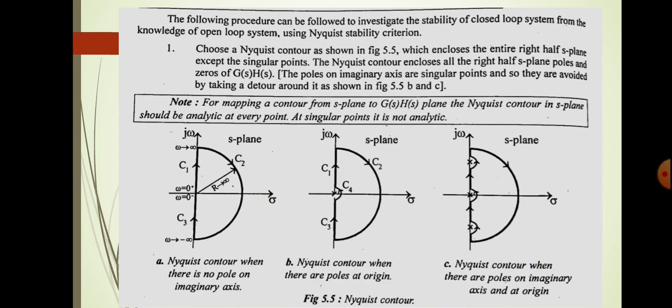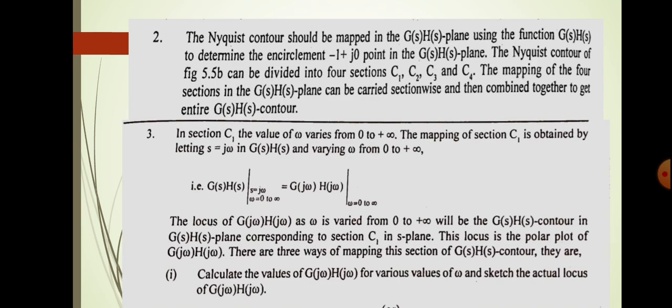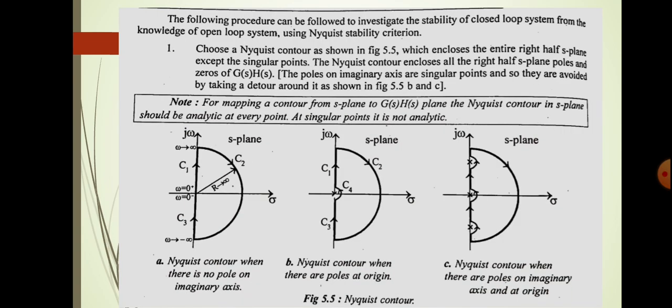Next, the second step is that the Nyquist contour should be mapped in the G(s) H(s) plane. This is in the s plane; actually, it is a Nyquist contour in the s plane. Now we want to map this Nyquist contour in the S plane to a Nyquist contour in the G(s) H(s) plane.